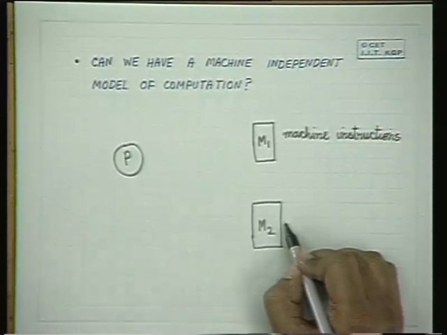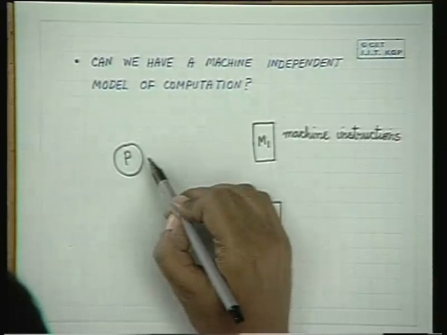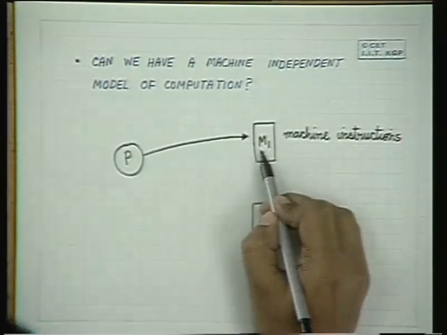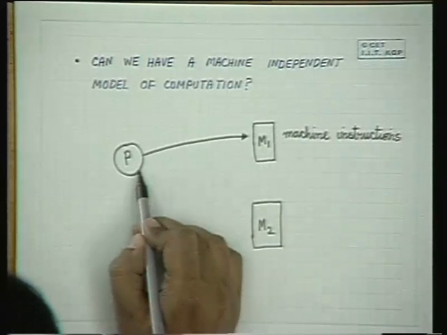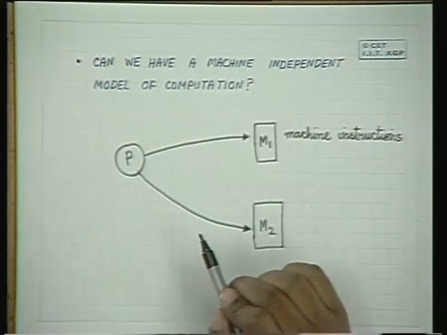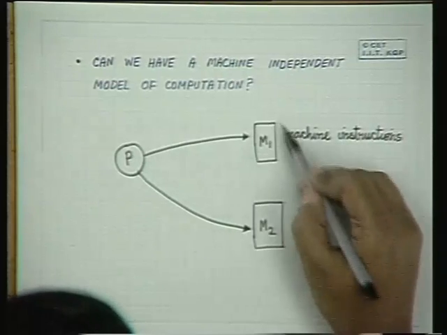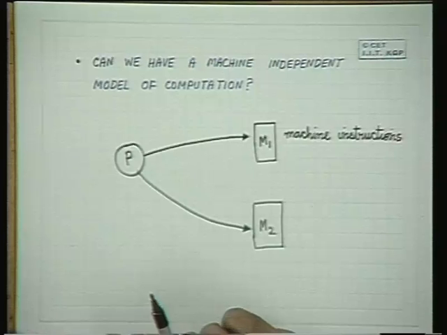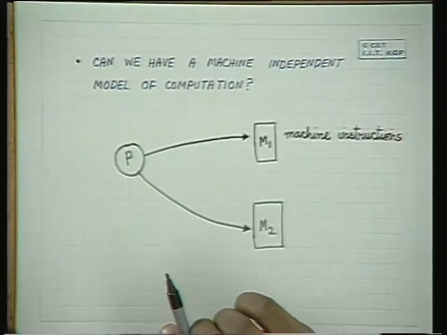This machine M2 has its own machine instructions. The process of compilation will convert the program P into the machine instructions of M1 if we want to execute it in M1. It will convert it into the machine instructions of M2 if we want to measure in terms of M2. And then when it executes on this machine, we get our CPU time computation.